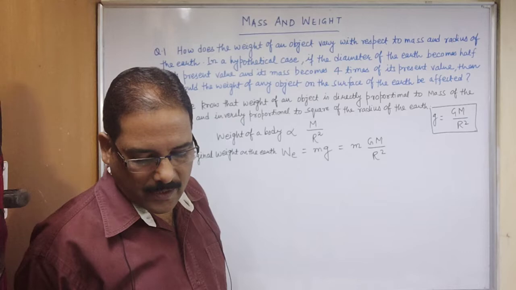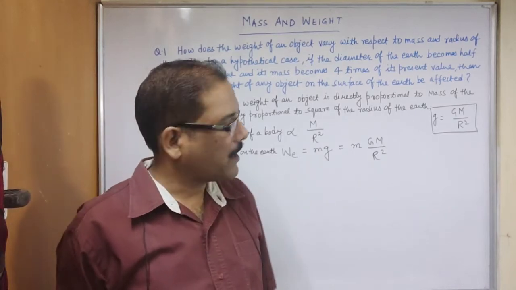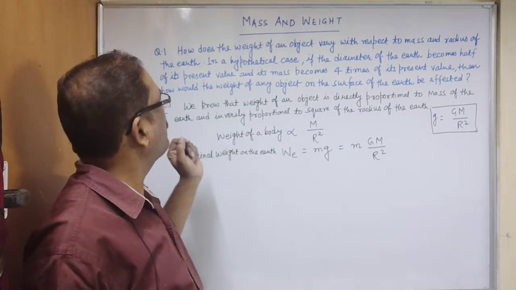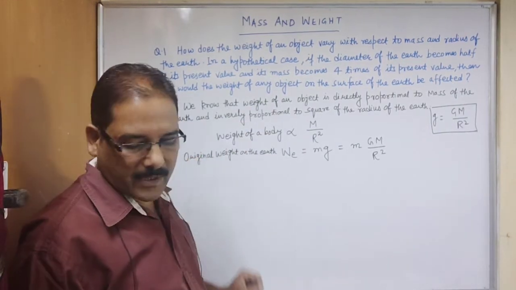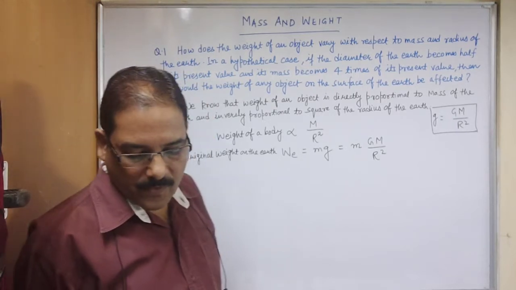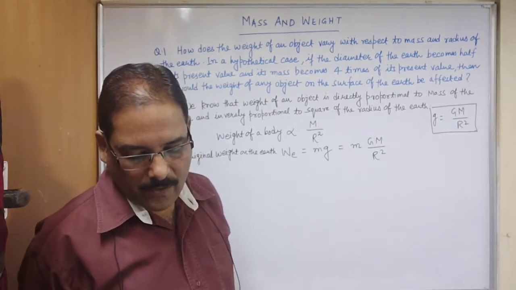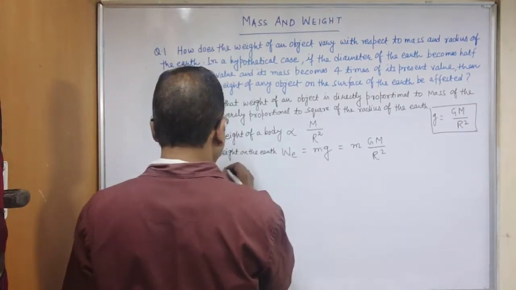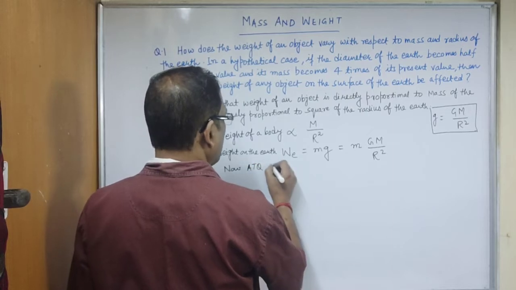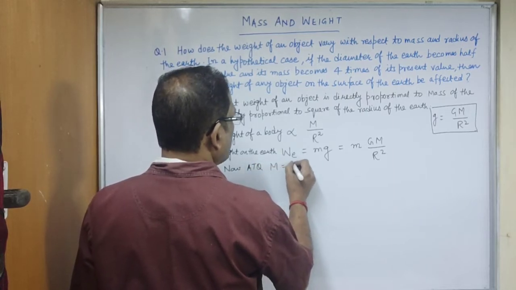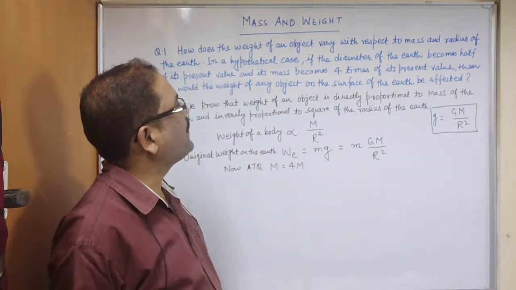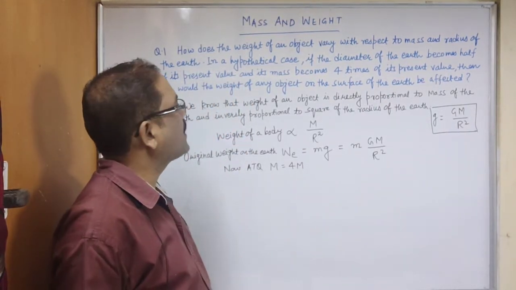So we can write now, according to the hypothetical case, the diameter of earth becomes half of its present value and mass becomes 4 times. So according to the question, mass becomes 4 times, it means 4M, and diameter of earth becomes half.